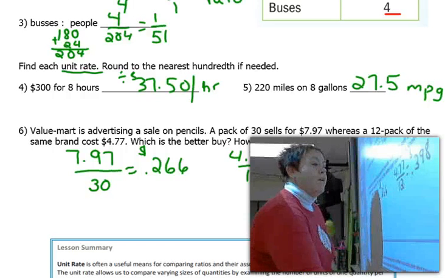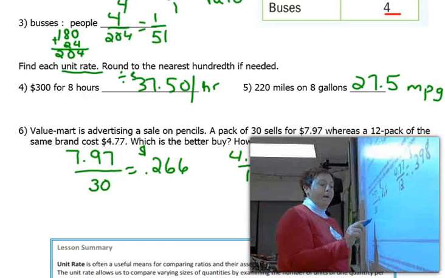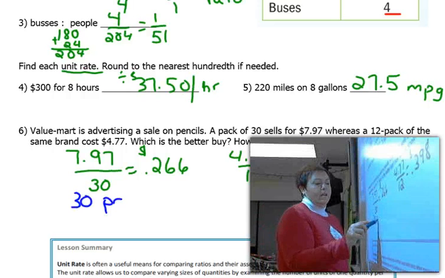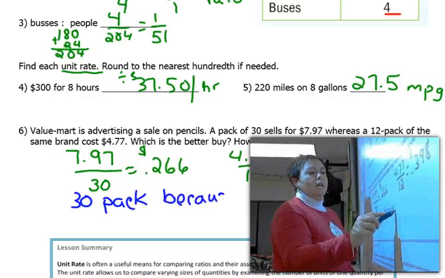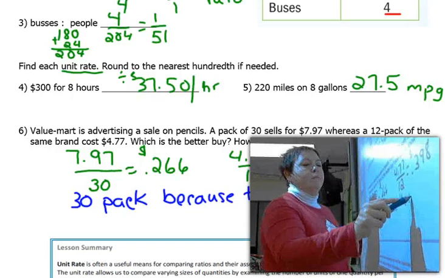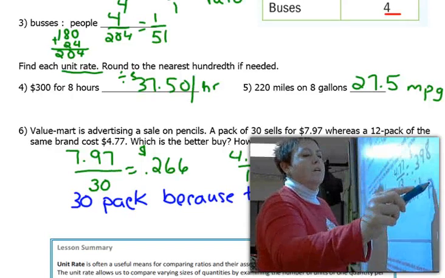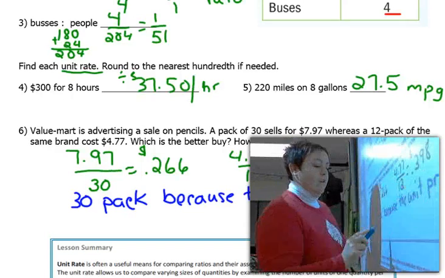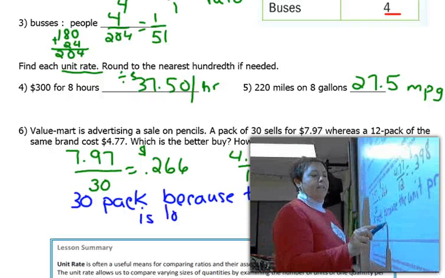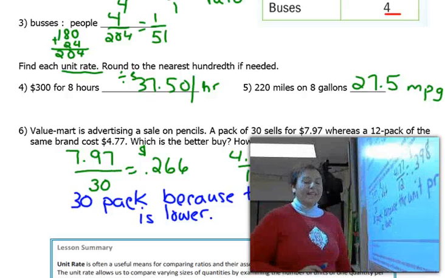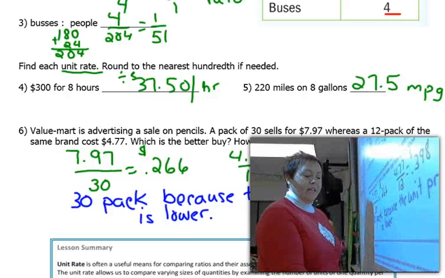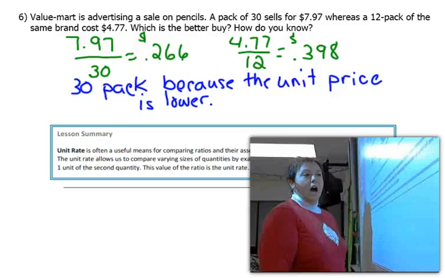So the one that's the better buy is going to be the 30 pack, because the unit price is lower. Now, a lot of people think, oh, the more you buy, the better the deal is, and that's not always so true. So you always have to be careful and look at those.